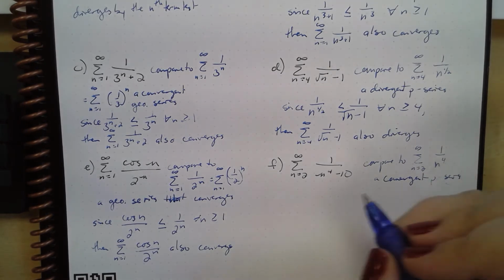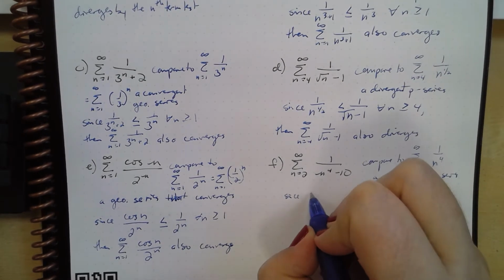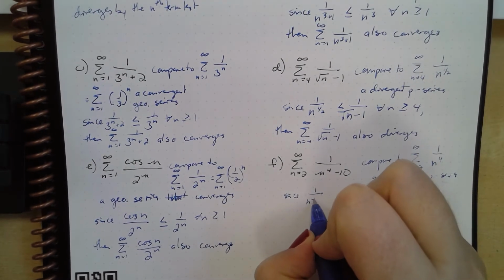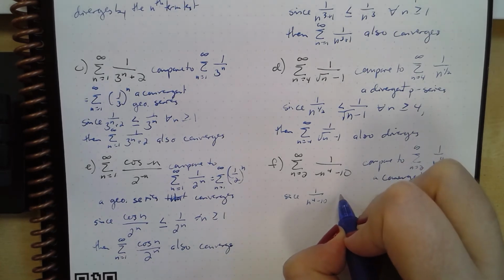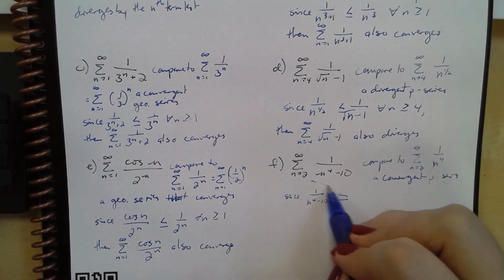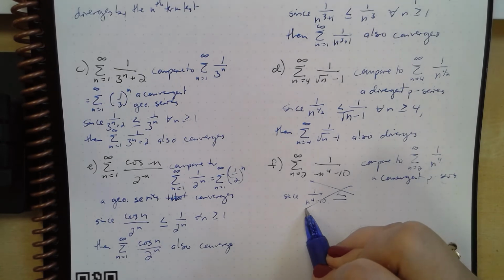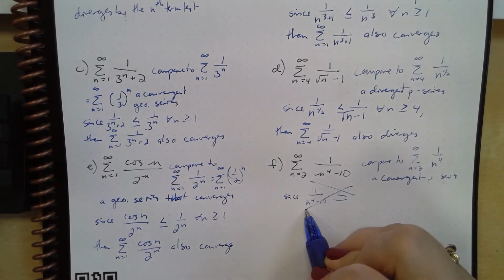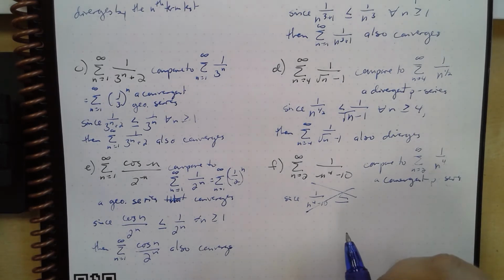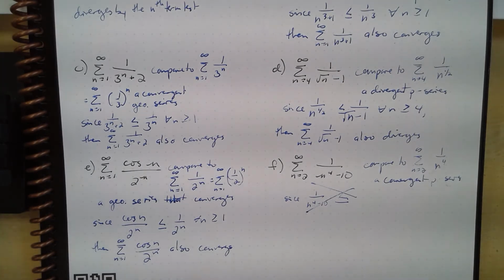And since 1 over n to the 4th minus 10, well, I was going to say that that's less than or equal to, but that's not actually true, right? So if we compare this, we've kind of got a problem here, and we need to use another technique. Well, we can use another technique.